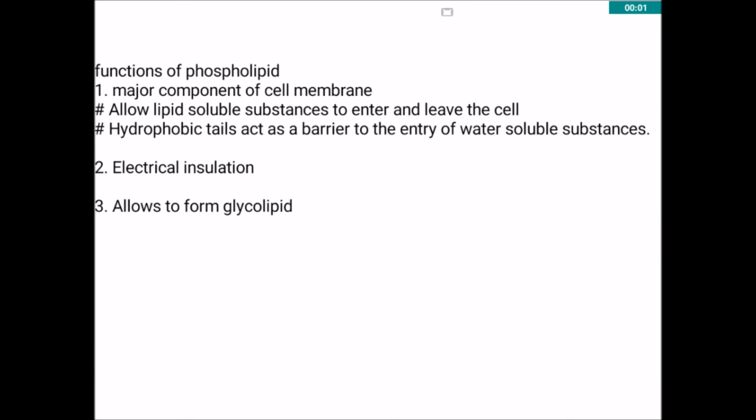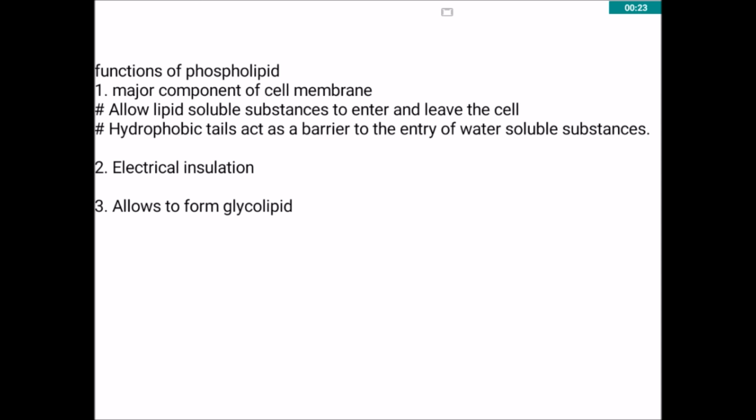Now let's see the functions of the phospholipid molecule. The first function is they are the major component of cell membranes. They have a polar head which is hydrophilic and a non-polar tail which is hydrophobic.